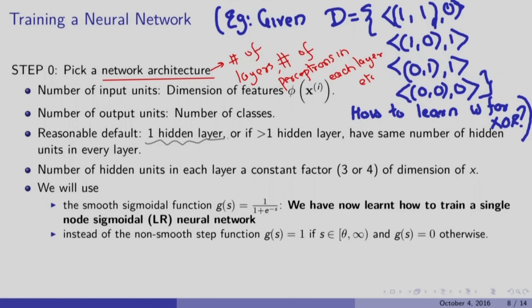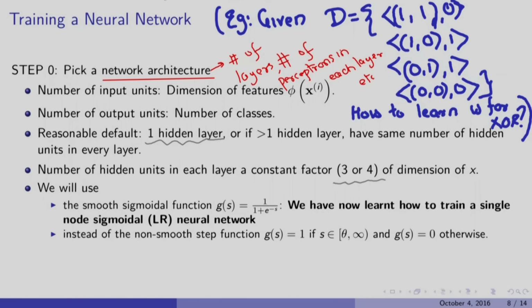More about this when we discuss deep learning in practice. To continue with the discussion, the number of hidden units in each layer is generally a constant factor of the dimension of X. Again, this is based on empirical findings.